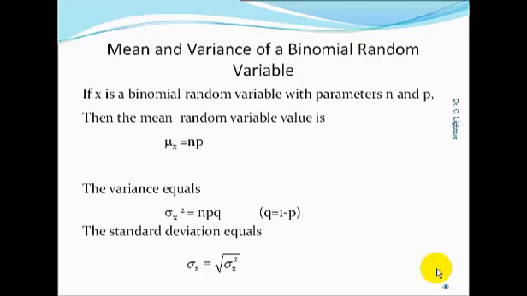If we have a binomial random variable with parameters n and p, then the mean of our random variable is equal to n times p. Our variance will be equal to n times p times 1 minus p. And as always, our standard deviation will equal the square root of the variance.